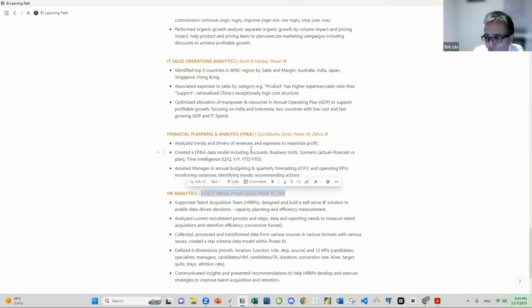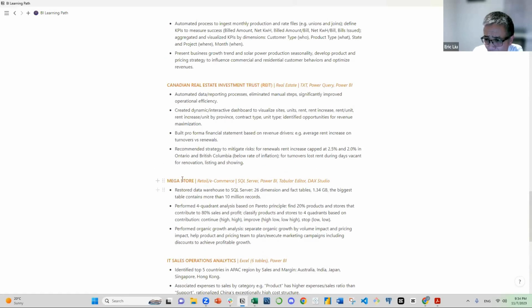Okay, so this is just one way to write about it. And over here we see financial planning and analysis, QuickBooks, an accounting software for small businesses. What else? So mega stores. Over here we see the industry I put. So this is the name of the project, this is the industry, and these are the tools we use.